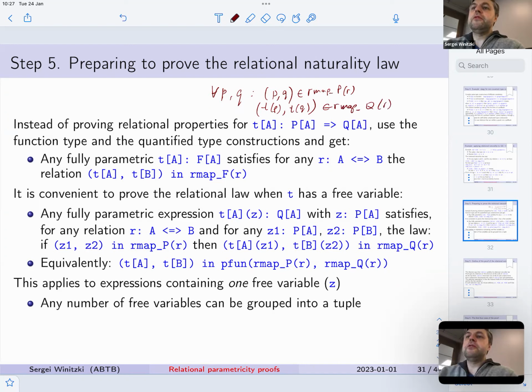So this is the form of the law that is most often used in practice, but this is not convenient to prove in this form. And I will show why.